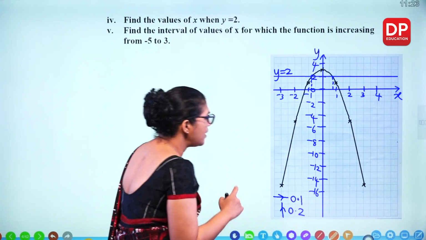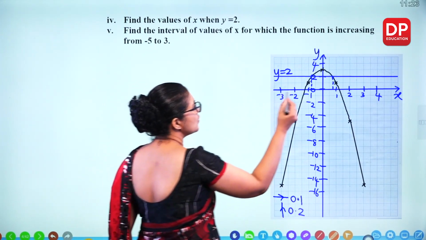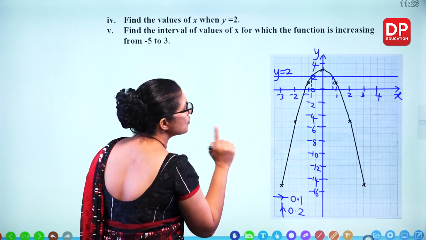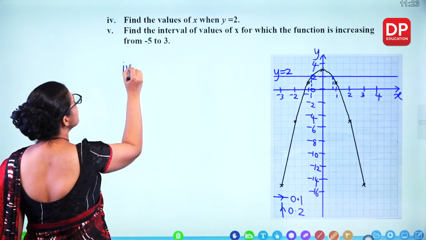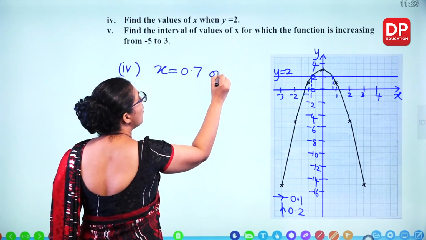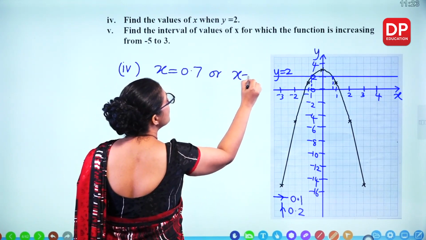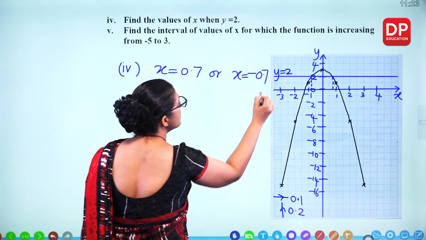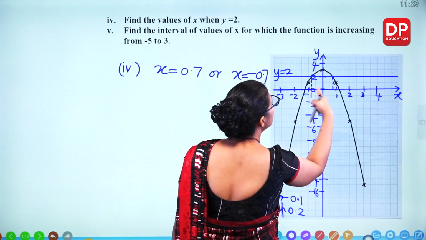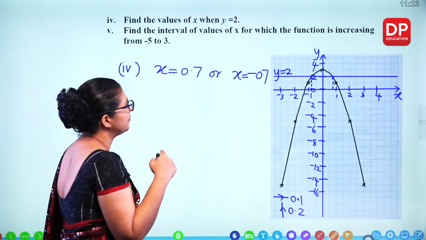But we are referring only x values. So that means 0.7 plus or minus. So you get x equals 0.7 or x equals minus 0.7. Minus 0.7 and plus 0.7.